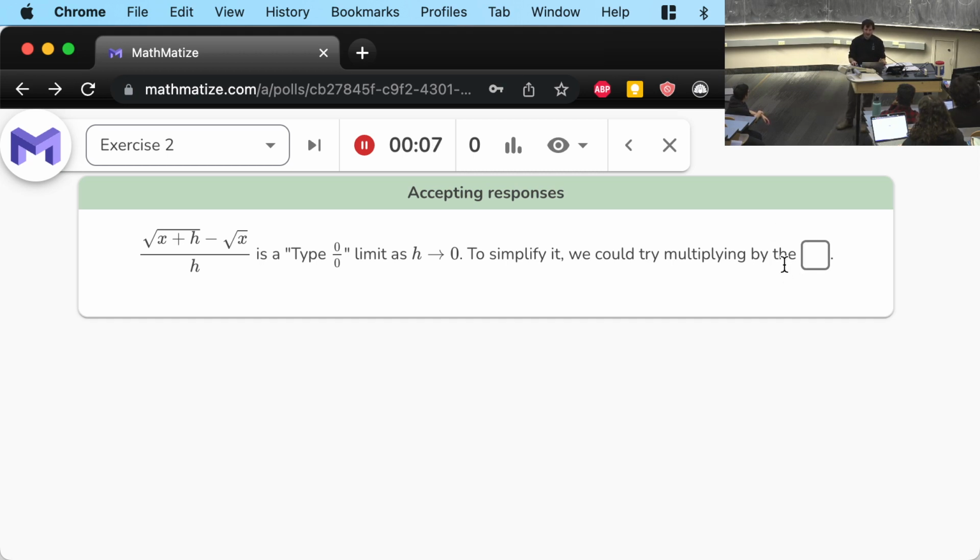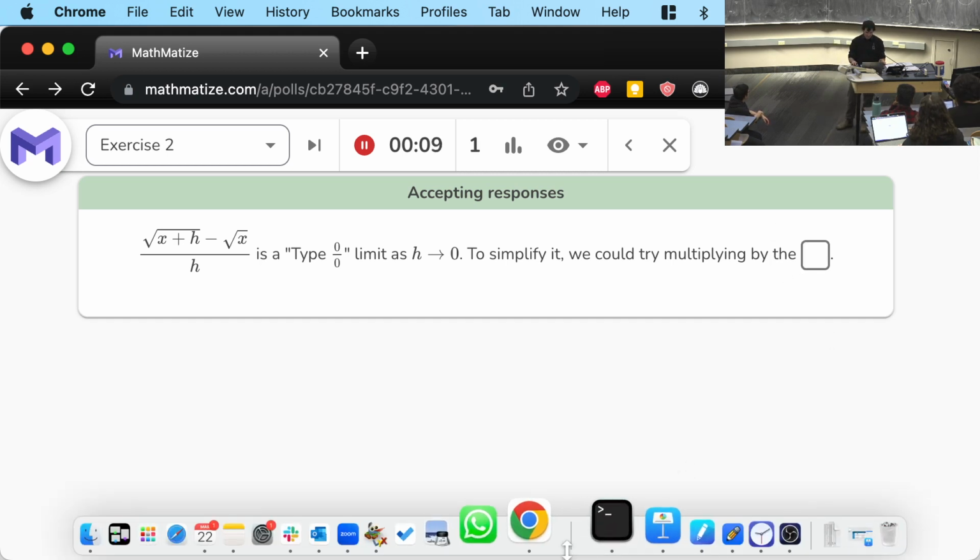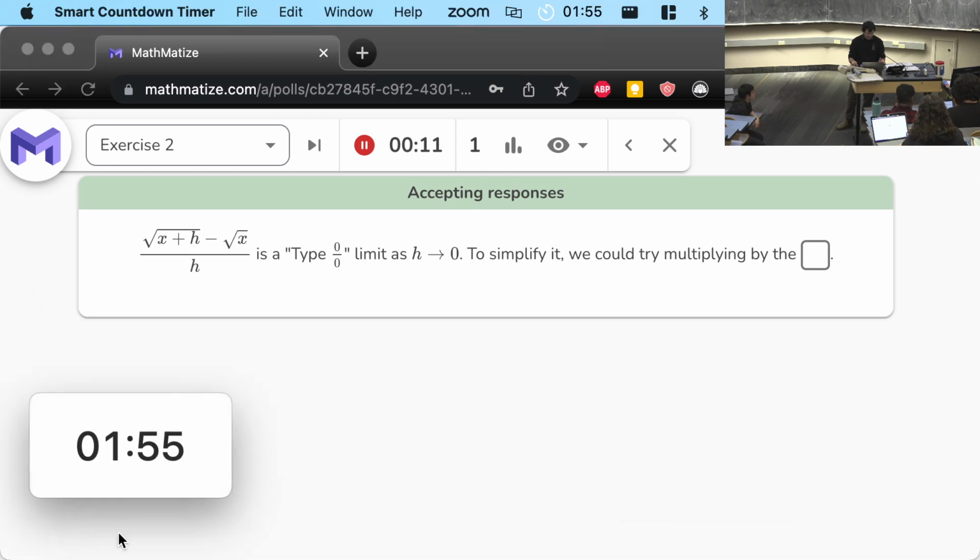We multiply by the blank. And I'll give you a minute to see if you can remember. What is the blank? Feel free to talk to your neighbors or look through your notes. How would you simplify this limit?